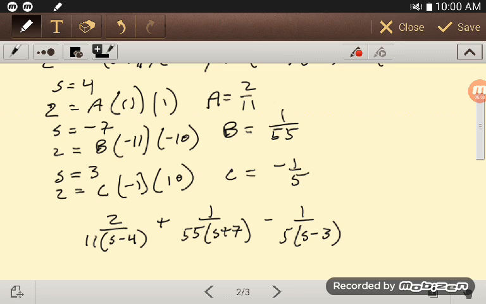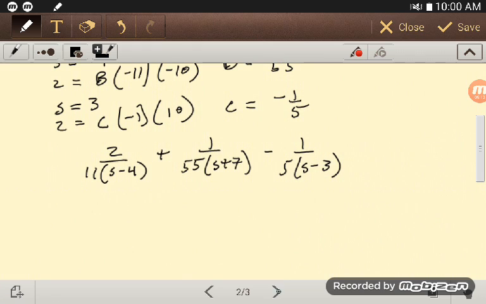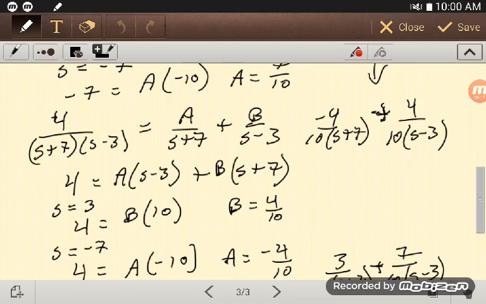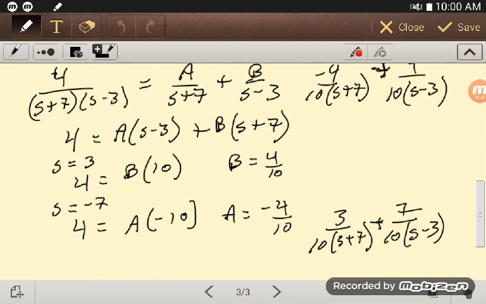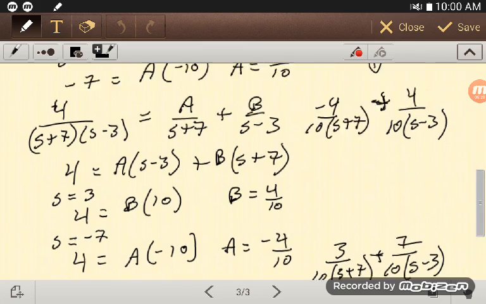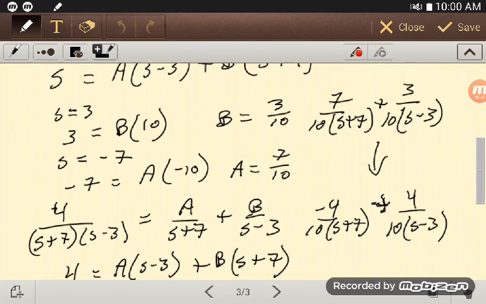And again, we can put that together with what we had here. So if we come down and look at that, we had a 3 over 10 with the s plus 7 and a 7 over 10 with the s minus 3, I guess. Is that right?